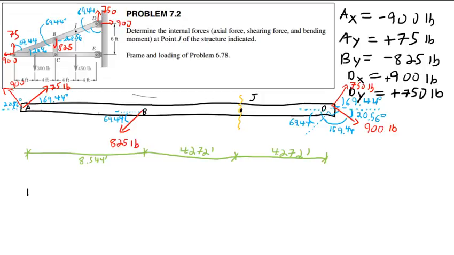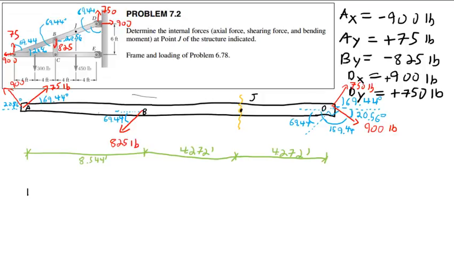The question is how to phrase your question. You don't always have to cut a particular point. If they're just asking for a general shear and bending moment diagram, you will have to choose what points to cut at, and usually solve in terms of x or something like that. If they're asking for a specific point, yes, you can find the internal forces by just a cut at that point.